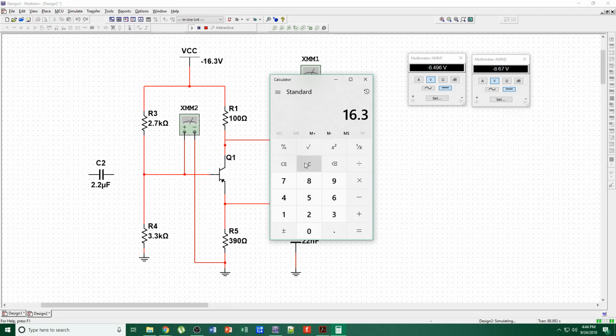16.3 times 3300 divided by 14 minus 1,000 gives me 27. Shouldn't be minus 1,000 though. It's 3.3. No, this is wrong.